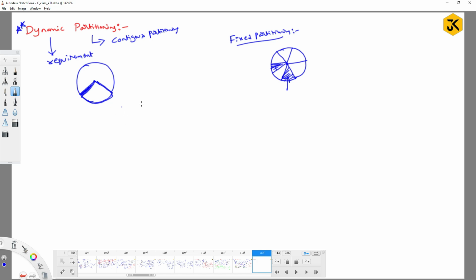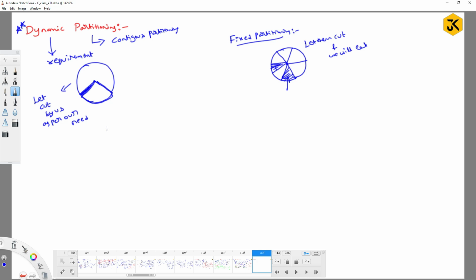Means in fixed partitioning, let them cut and we will eat piece by piece, whereas in dynamic partitioning, it is cut by us as per our need, right?